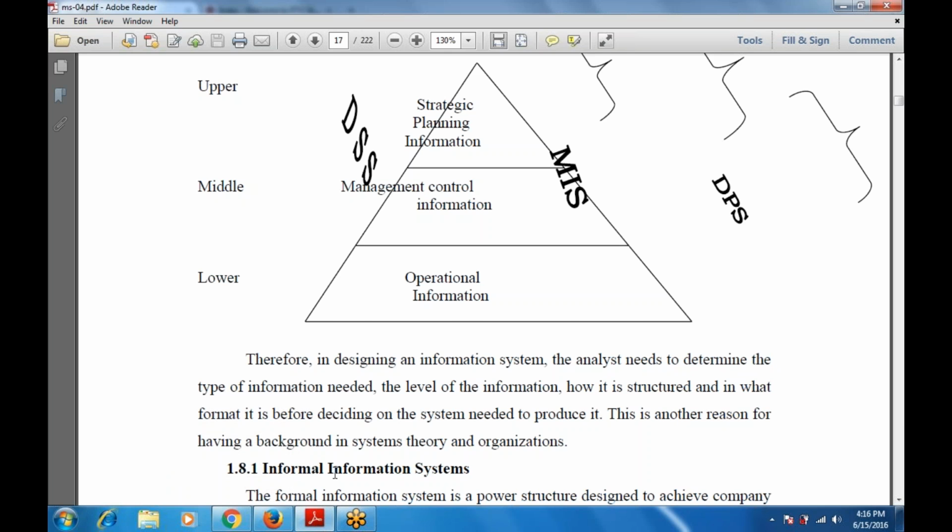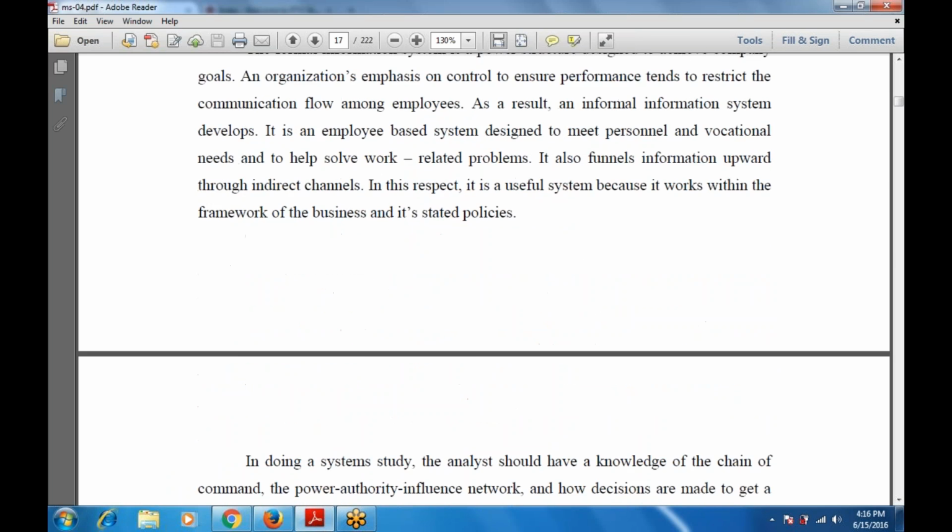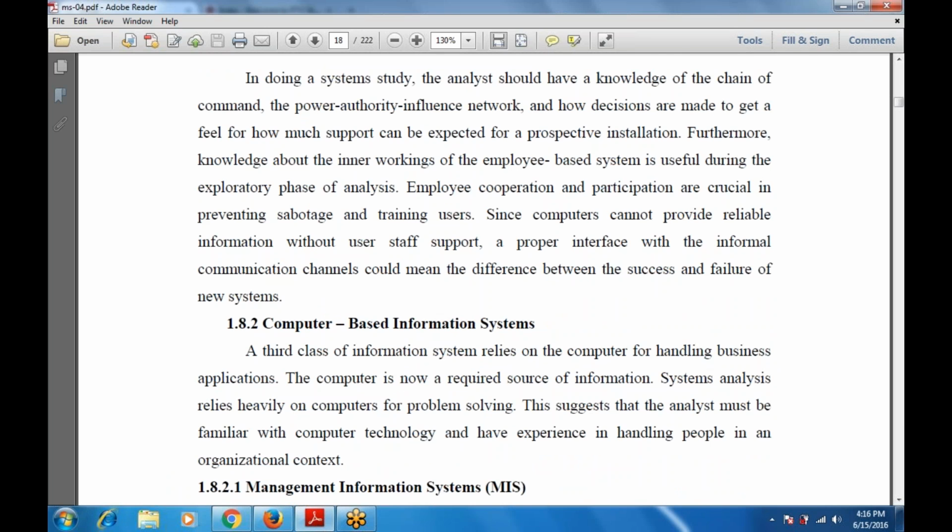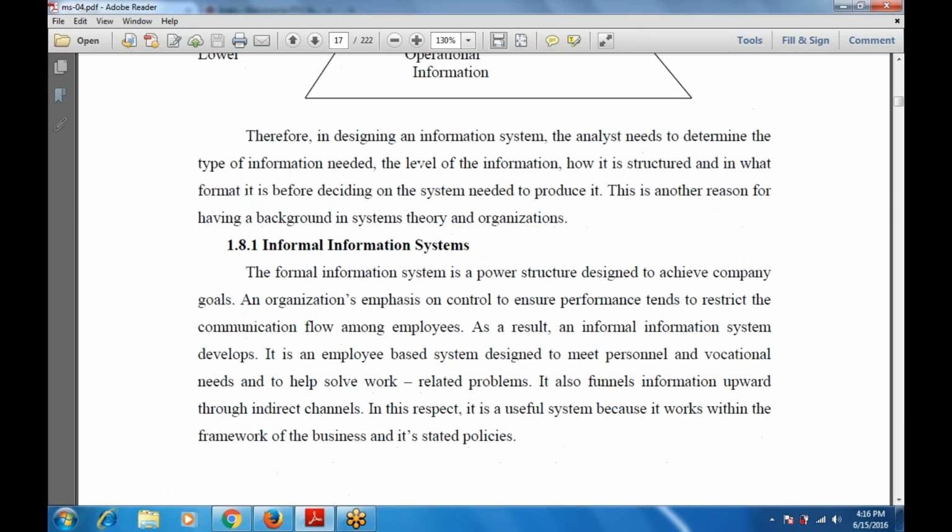The first one is the informal information system, and the next one is computer-based information systems. The informal information system is designed on a personal basis to achieve the company goal. It tends to restrict the communication flow among the employees.